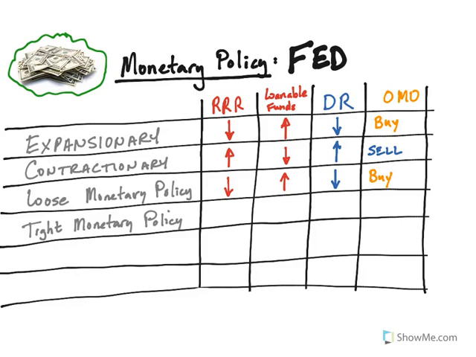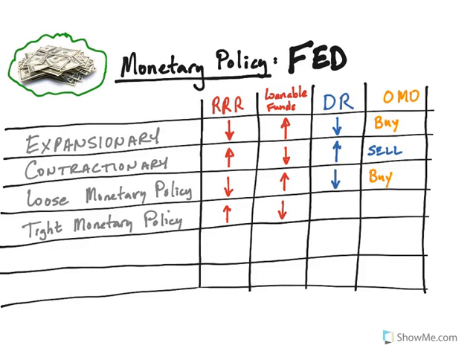And with the tight monetary policy, again, you're trying to decrease loanable funds, and you do that by increasing the required reserve rate. If you have a tight monetary policy, think about this picture. You have the money in your hand and you're squeezing it tight. You don't want that money to flow. You want to compress it. You want to contract it.